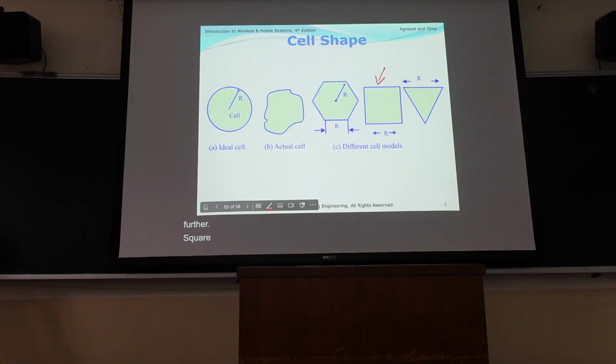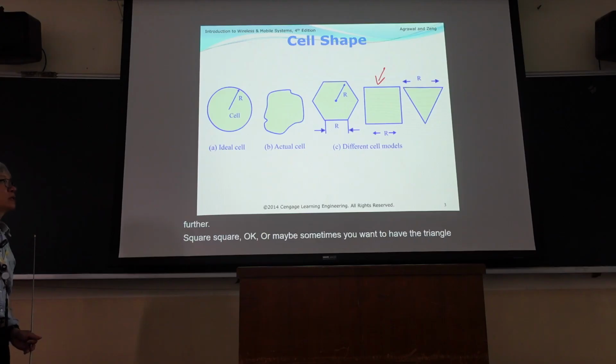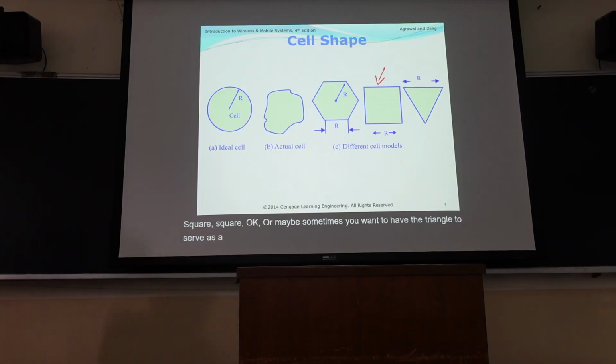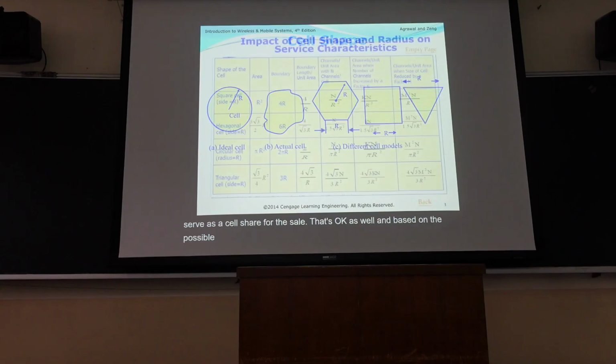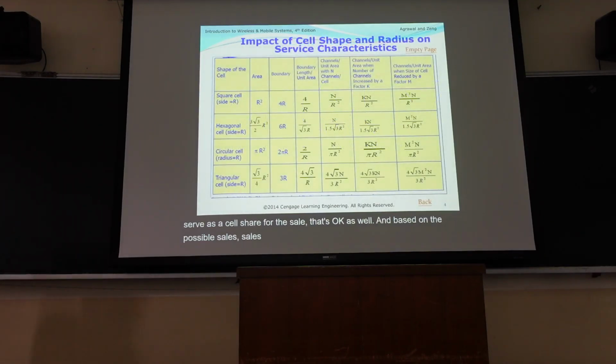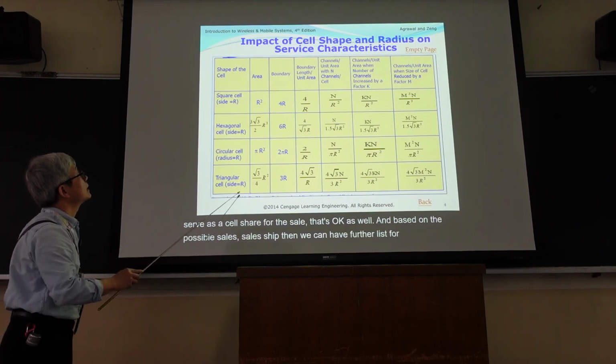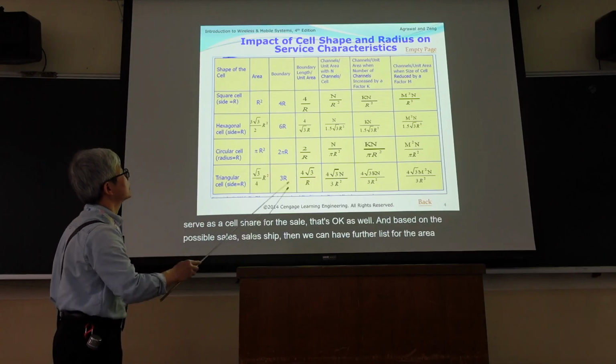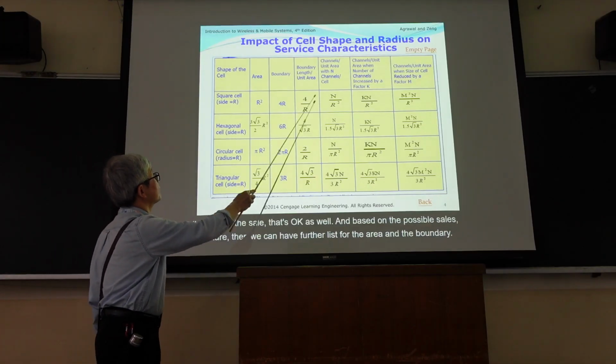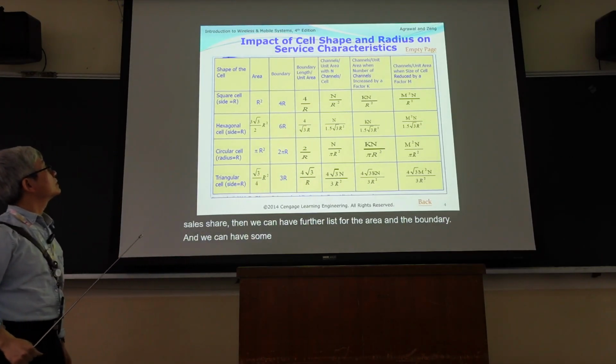Or maybe sometimes we want the triangle to serve as a cell shape for the cell. That's okay as well. Based on the possible cell shapes, we can list the area and the boundary, and we can do some other calculations.